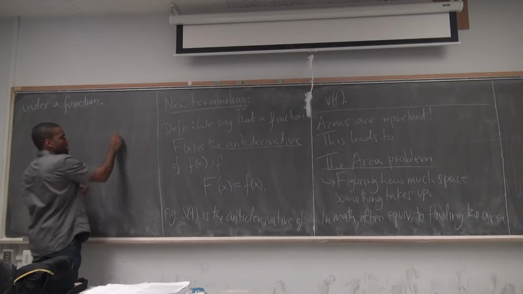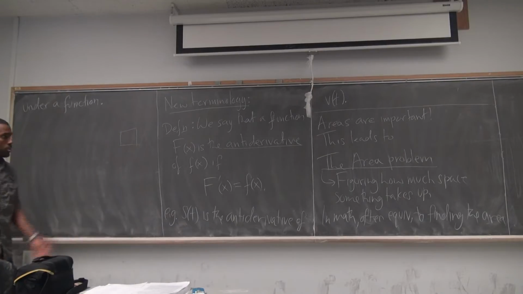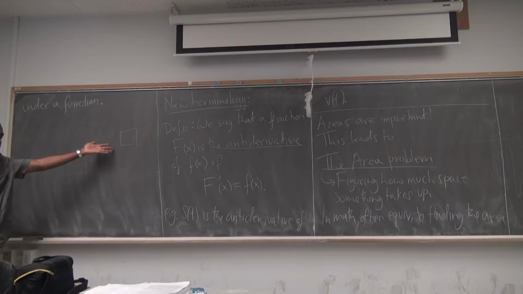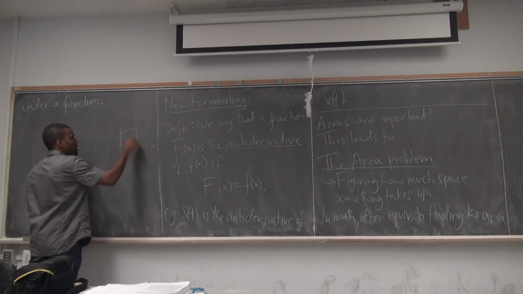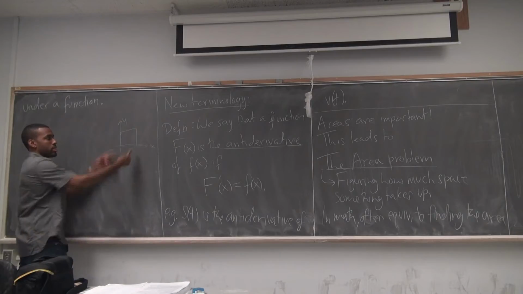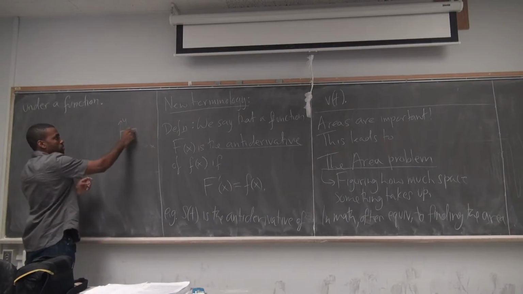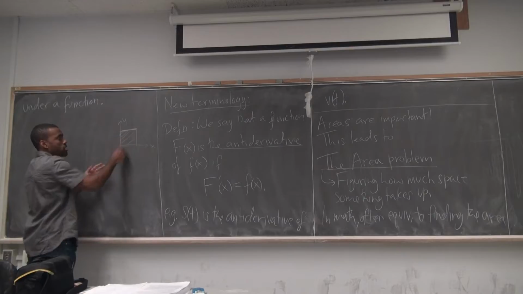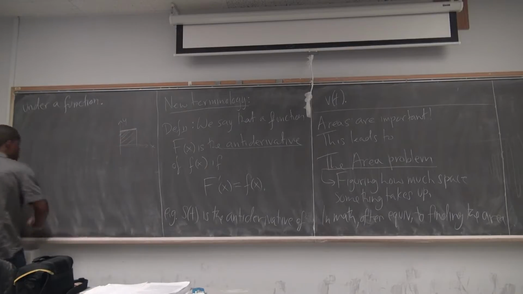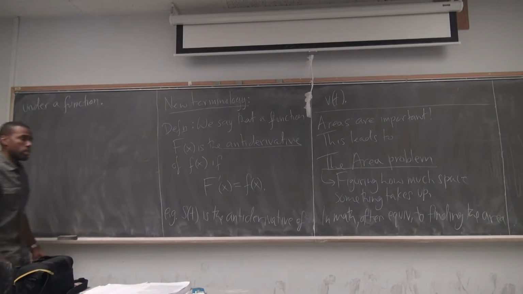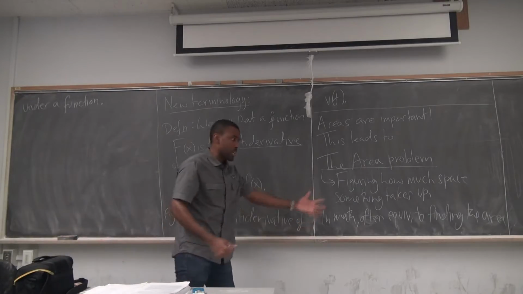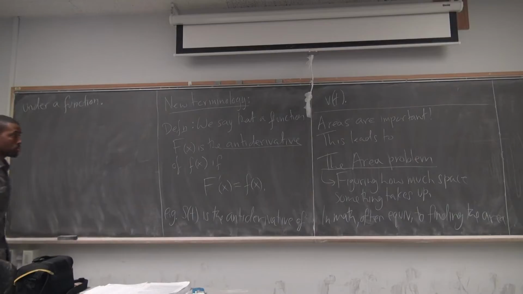For example, if a farmer has a rectangular field, I could easily find the area of a rectangle, but in theory, if I wanted to, I could put this on the Cartesian plane and use my coordinates. Think of this as a function and think of the rectangle as the area under that function. Right? I can always do that at any given time. Right? Just by drawing a picture to represent the situation, figuring out how much space it takes up can be equated to figuring out the area under a function.